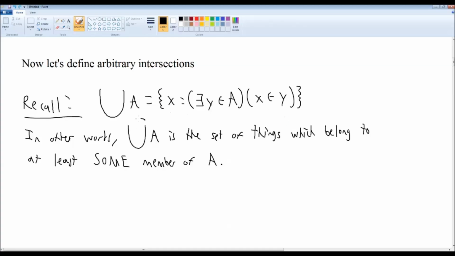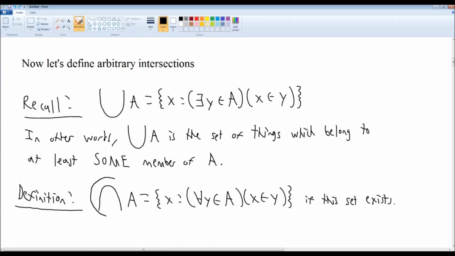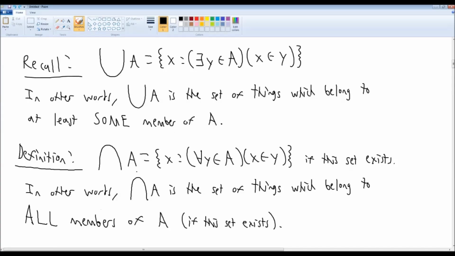In other words, the arbitrary union of A is the set of things which belong to at least some member of A. So we're going to define the arbitrary intersection of A to be the set of x for which, for any y in A, x is a member of y, if the set exists. In other words, the arbitrary intersection of A is the set of things which belong to all members of A.